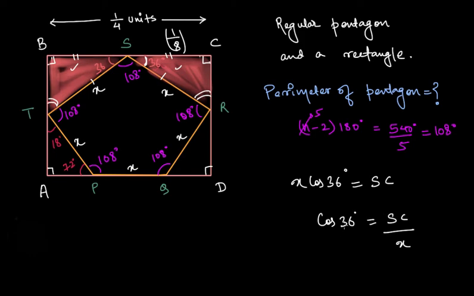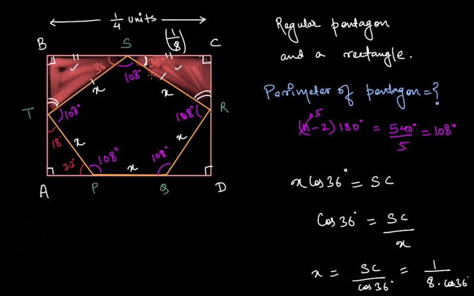So from here we can calculate the value of x. x will be equal to SC upon cos 36. SC measures 1 upon 8 units, so this will be equal to 1 upon (8 cos 36 degrees). Now you can use a calculator to find the value of cos 36, but this value can be calculated. That's the whole point here.